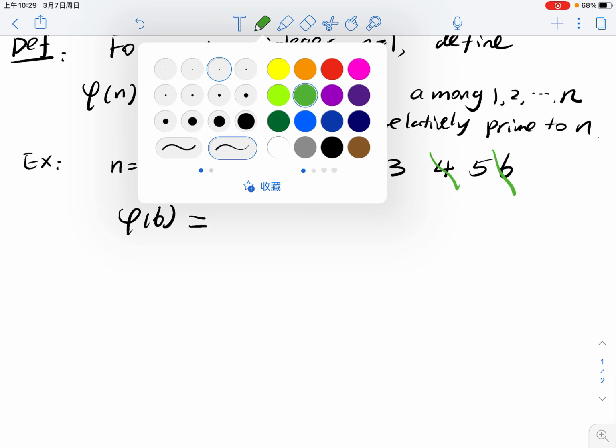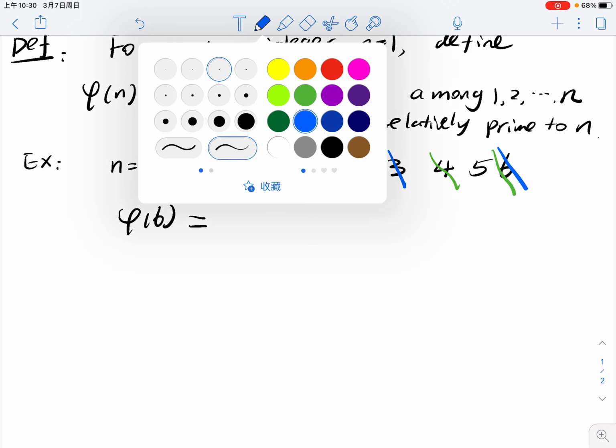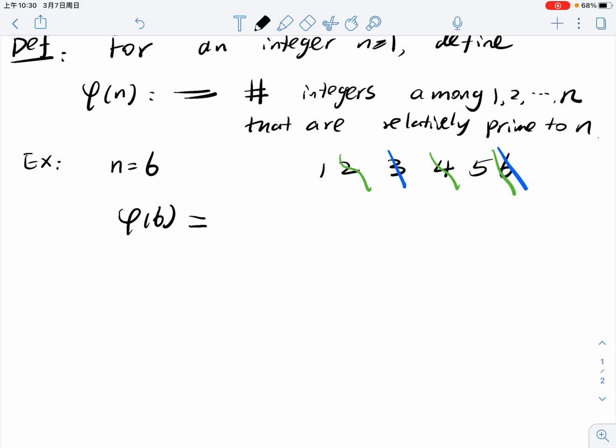And then we delete all the integers containing factor 3. The reason we only consider these two factors, 2 primes, is because 6 is 2 times 3. These two are primes.